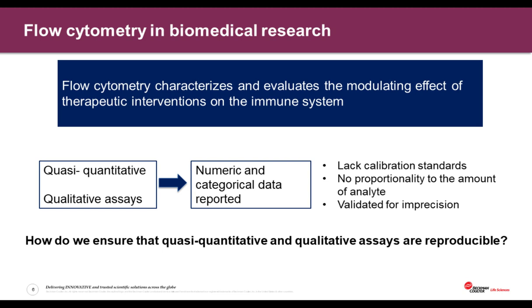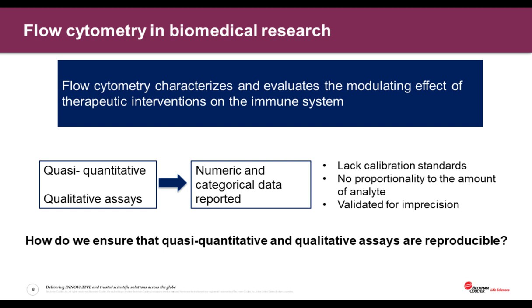But what's important to understand is that flow cytometry is, in fact, a quasi-quantitative and a qualitative assay. So it's going to give us numeric and categoric data, which is actually correlative data. So this correlative data, in essence, the method itself lacks calibration standards.